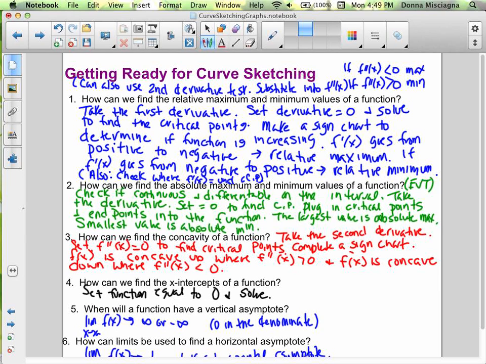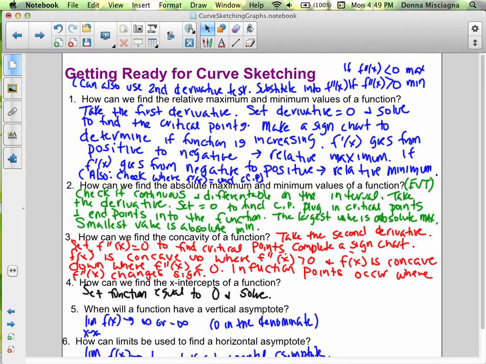Right? And then inflection points occur where f double prime of x changes sign.